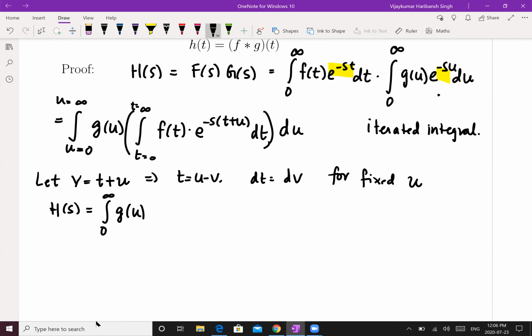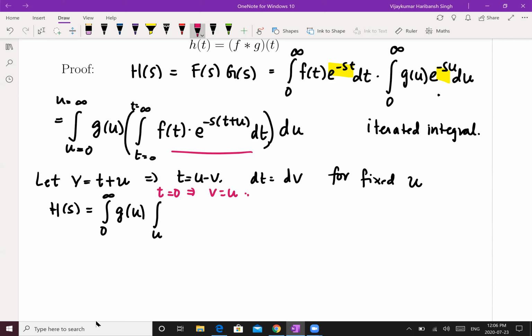We have replaced now this thing here, so we get integral from u. So note that here also when t is 0, t equals to 0 would give me v equals to u. So I'm doing a transformation for the inside integral.